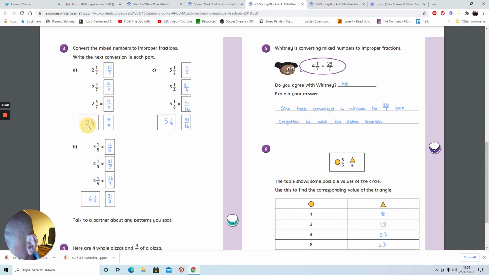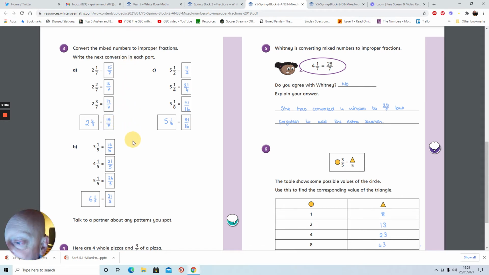Now we have to finish off this little conversion. So it's 2 1/7, 2 2/7, 2 3/7. This one is going to be 2 and 4/7. And then we've got 15/7, 16/7, 17/7. That answer has got to be 18/7, hasn't it? Nice little pattern there, nice and easy.